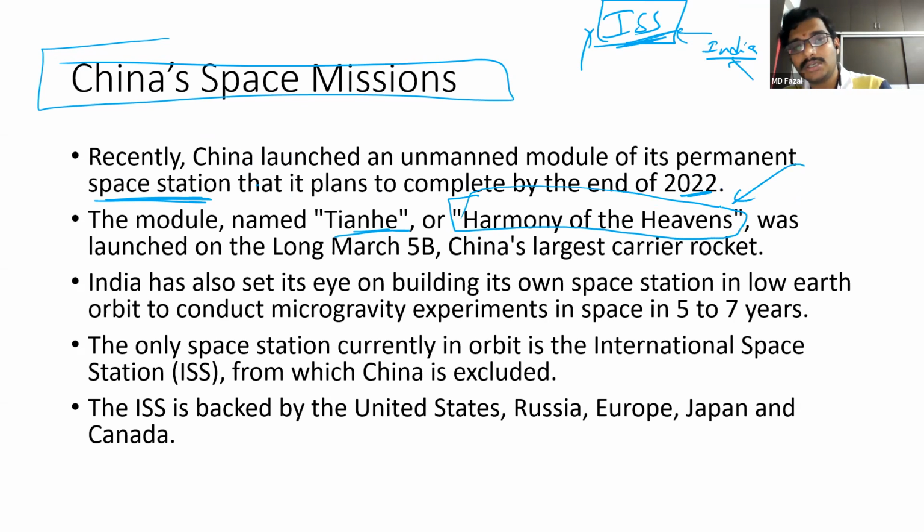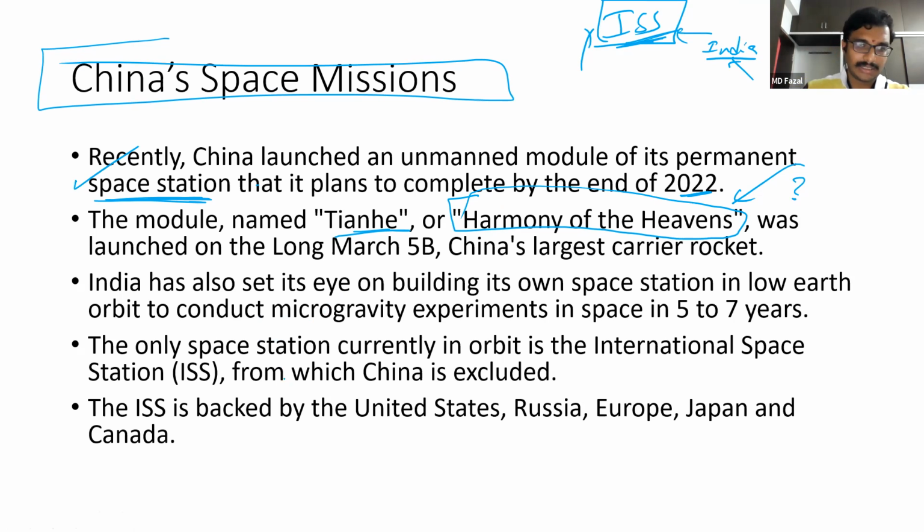Harmony of Heavens recently seen in news is related to China's own space station. Like that, you have to answer. Don't write that Harmony of Heavens is a new music album or some project with respect to environment.